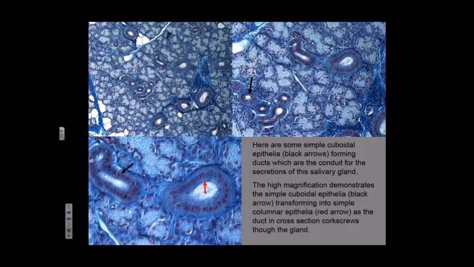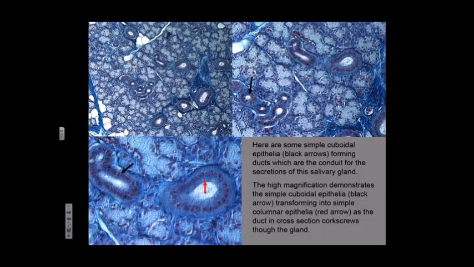Here's some ducts. These are salivary glands. Because when you salivate, you put the saliva in a duct and then you excrete it, you make spit, right? So these are the ducts of salivary glands. So this and this are the same duct. It just did like a curve, okay?